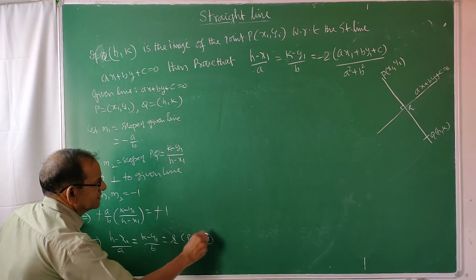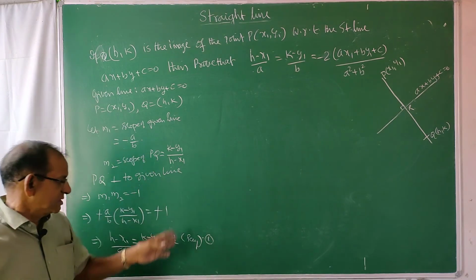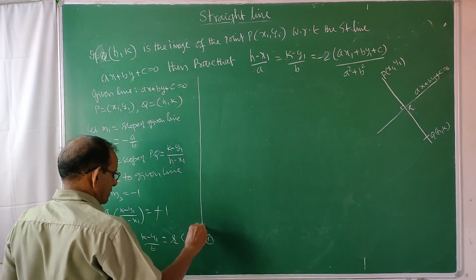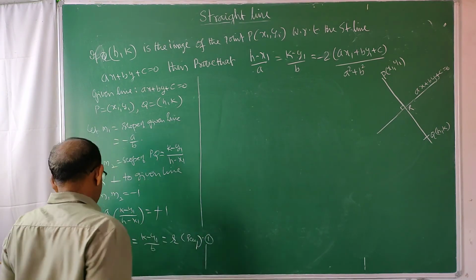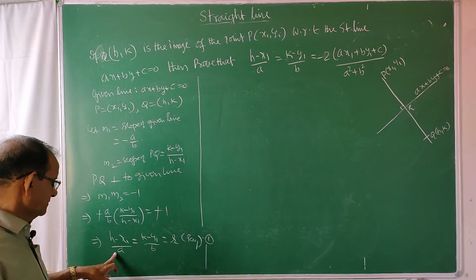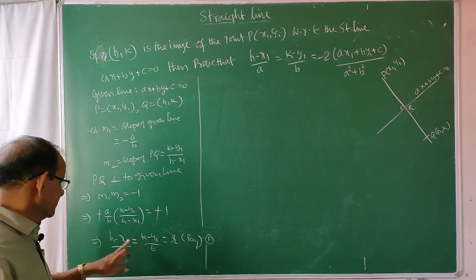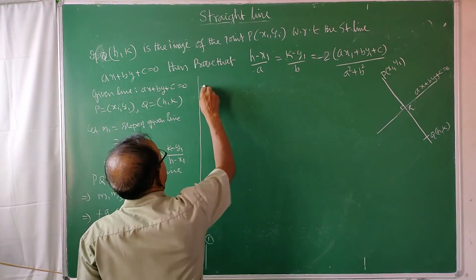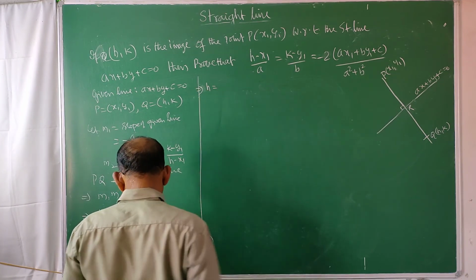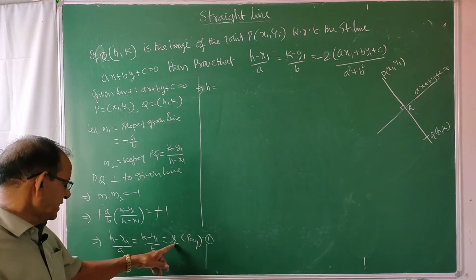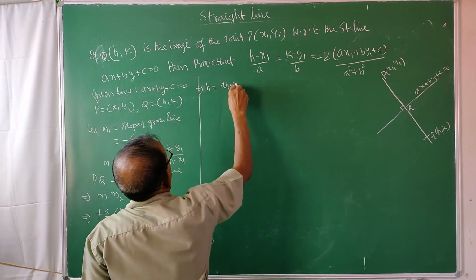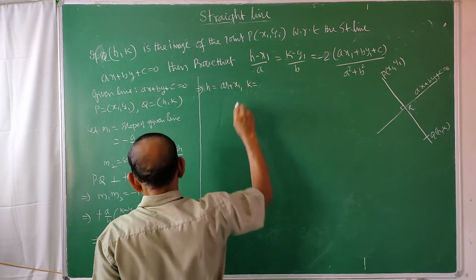Take this result as 1, because in the last step you have to substitute the value of R. Now from this what is h value? h minus x1 by A is equal to R implies h is equal to AR plus x1, and k is equal to BR plus y1.